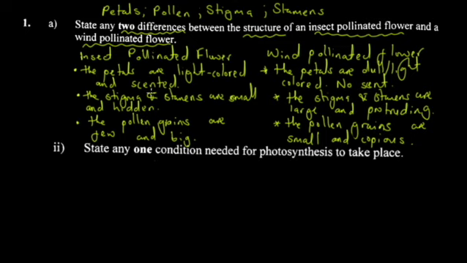If you want, you can actually write the pollen grains, they are sticky here for insect pollinated flower. The pollen grains here, they don't need to be sticky, because the agents, they're actually insects or animals. Okay, so here they're sticky. Here they don't need to be, just suppose the agent is wind, so they don't need to be sticky.